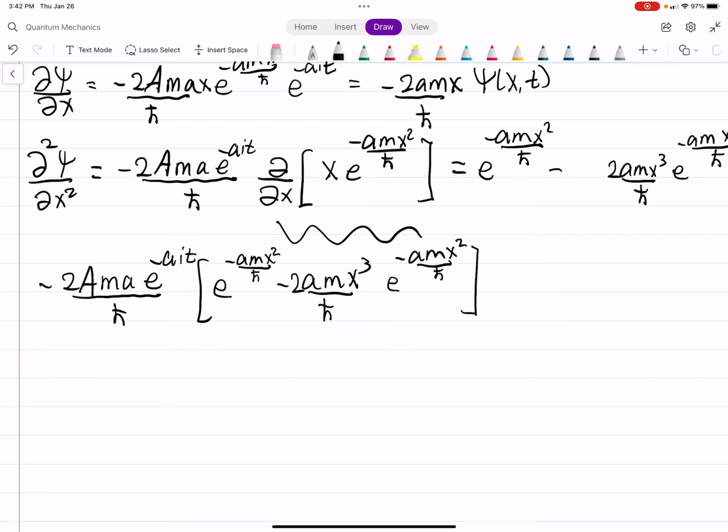We'll keep our normalization constant in terms of A. But I noticed that there is this common term here. So I could factor that out, and that looks promising because I'll show you why. Minus 2a m little a over h bar.